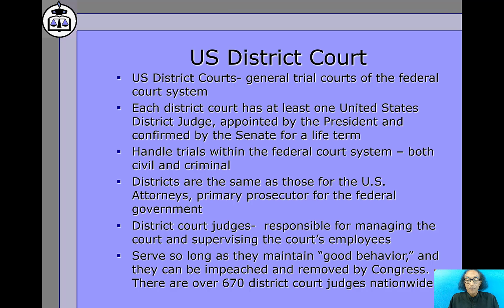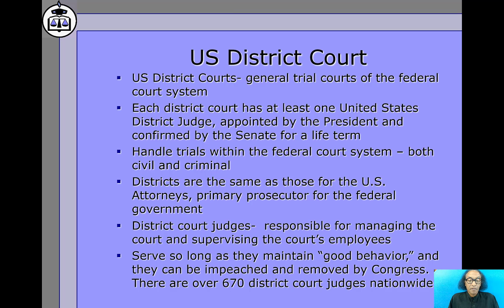These district courts handle both civil and criminal cases, as I said, and they're also the same districts for the U.S. attorneys. Those are the primary prosecutors for the federal government. And the district court judges are also responsible for managing the court and supervising the court employees.